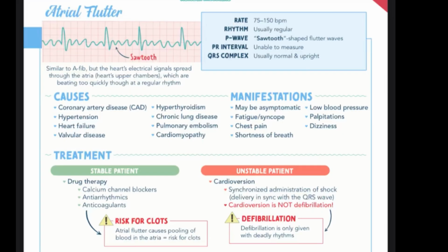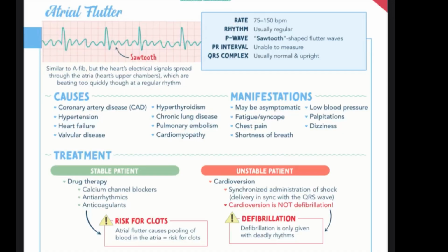Next one is atrial flutter. In this ECG strip, you can see the QRS complex is usually normal and upright. And the P wave is usually present in a sawtooth shape, flutter waves. So in the exam, if a question is asked about a sawtooth-shaped ECG pattern, which ECG rhythm shows this, the answer is atrial flutter.